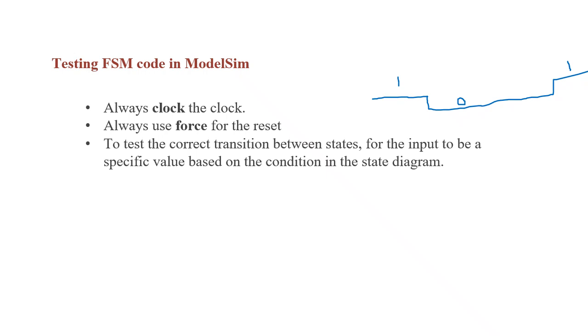To test correct transitions between states, we have to test different input combinations or sequences while observing the state diagram to see if for different inputs the next state updates correctly based on the diagram provided. This is better illustrated through an example, or while implementing it you will have a better idea of it.